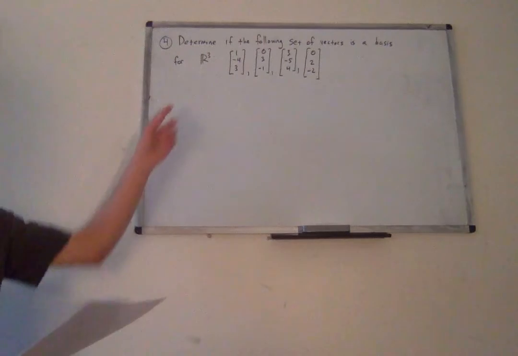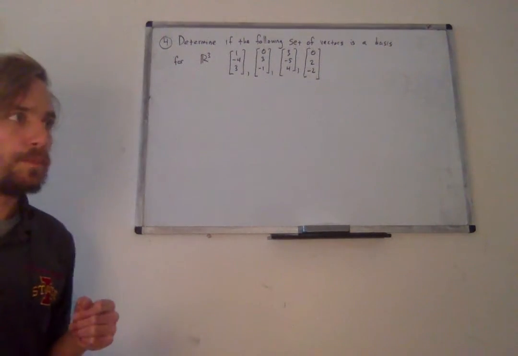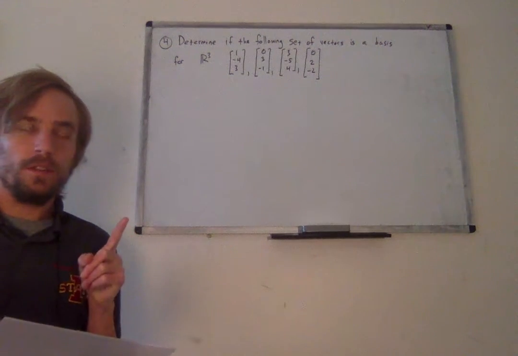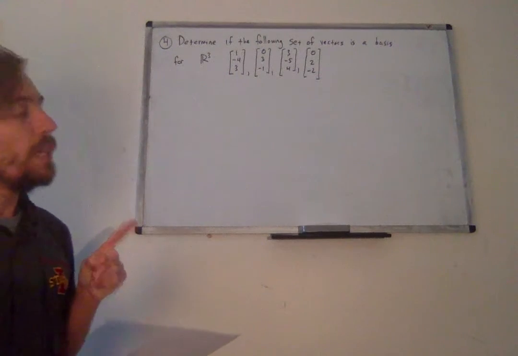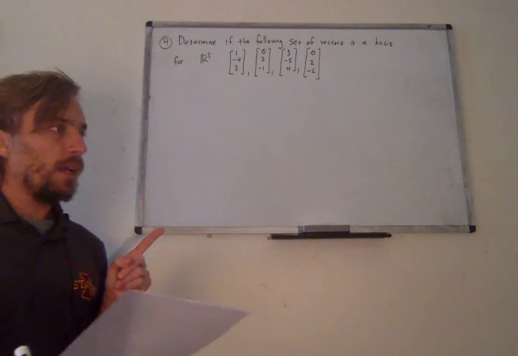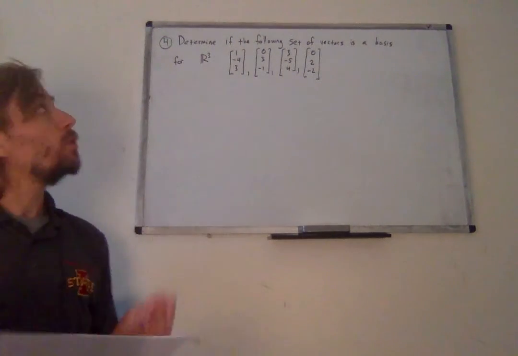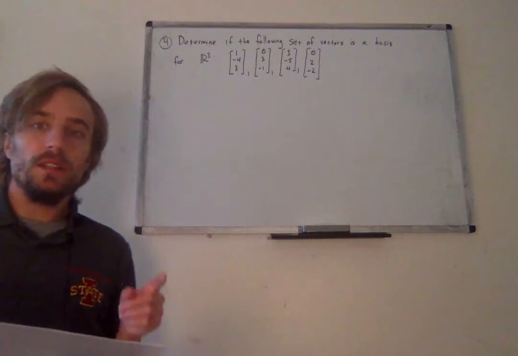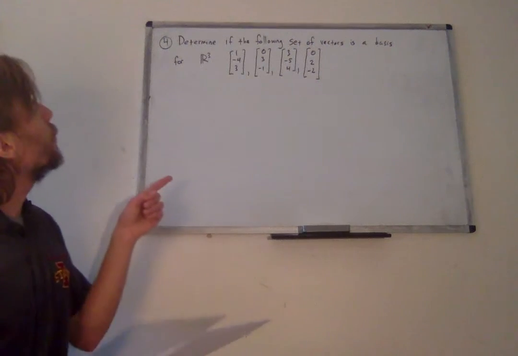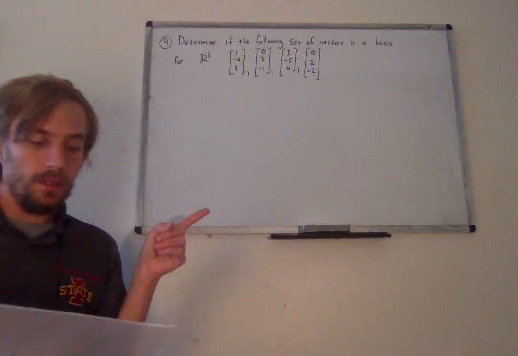And so 4 asks, okay, we've got this set of vectors. We want to determine if it's a basis. So what are the qualities of needing to be a basis? Well, remember, it has to span R3, right? And for all we know, these vectors could span R3. But the second quality that these vectors must possess is that they must be linearly independent.